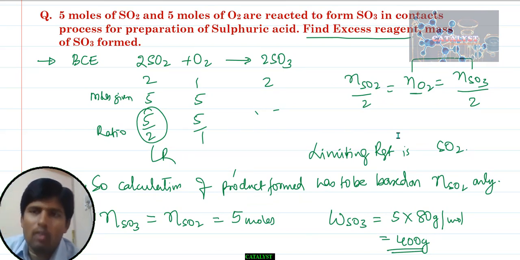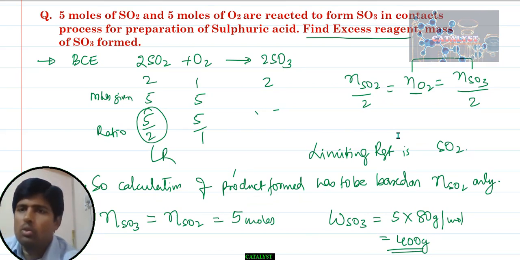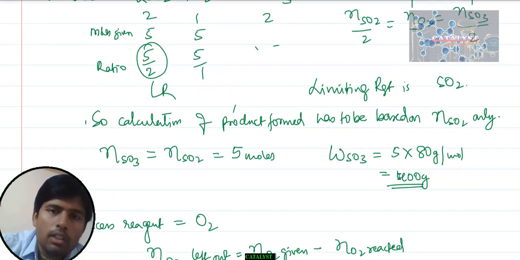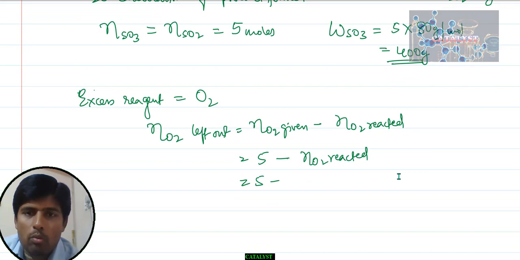Of course now we have calculated the number of moles of SO3 formed, so we can always use that. But if we have not yet calculated the quantity of sulfur trioxide formed, we should always consider the calculation with the limiting reagent. So it's very simple. Reacted is number of moles of SO2 divided by 2.